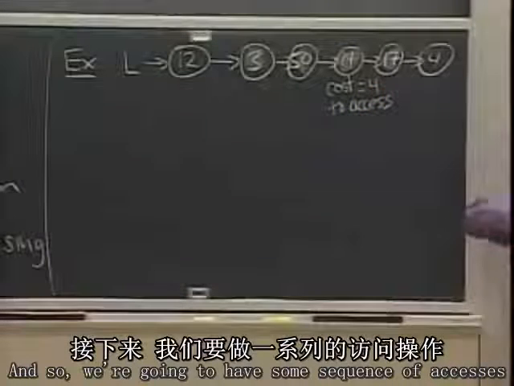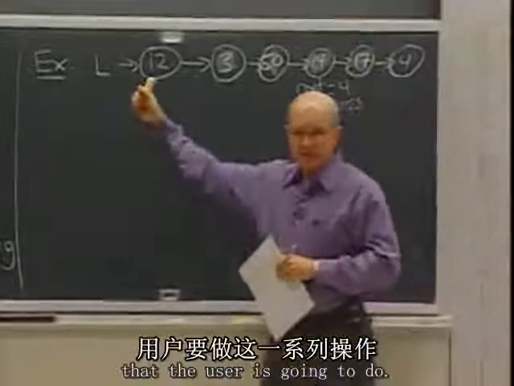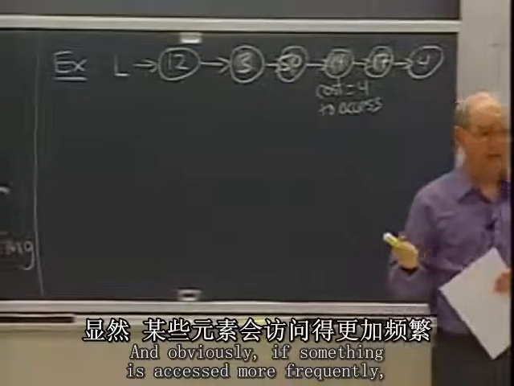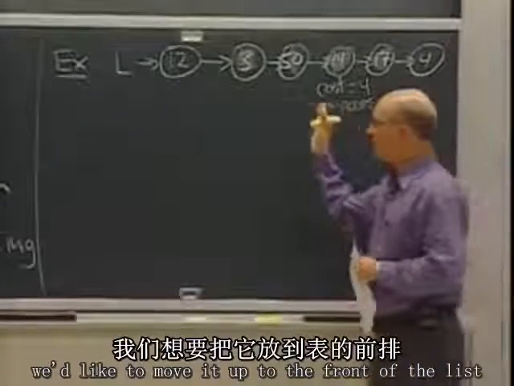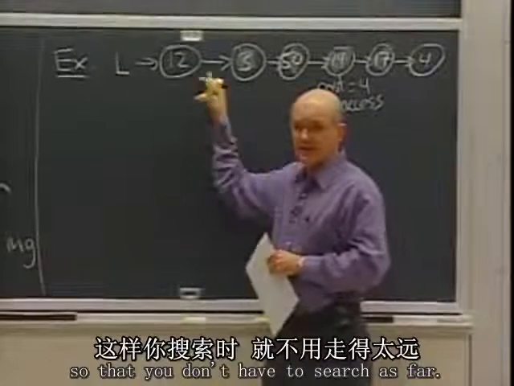And so we're going to have some sequence of accesses that the user is going to do. And obviously, if something is accessed more frequently, we'd like to move it up to the front of the list, so that you don't have to search as far.